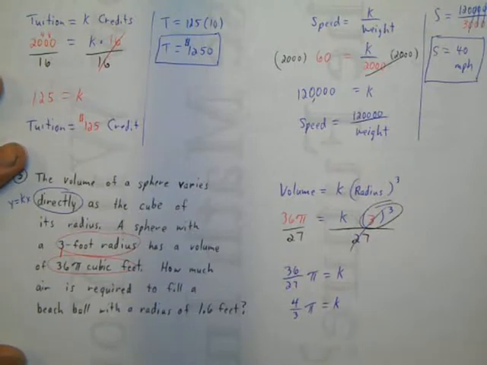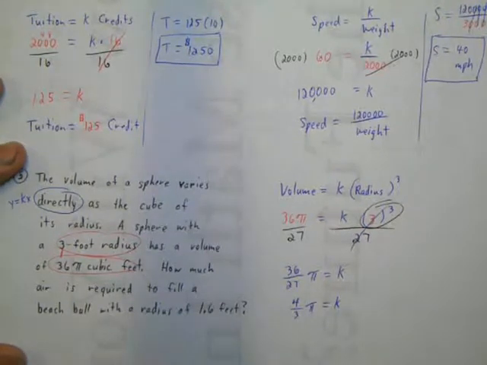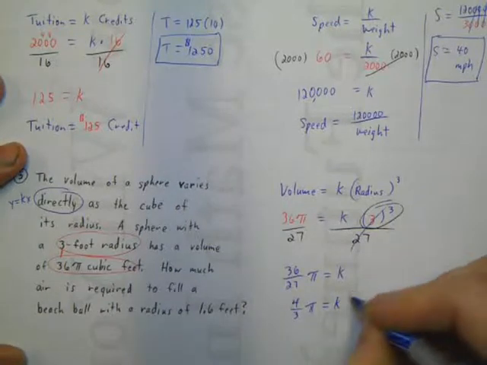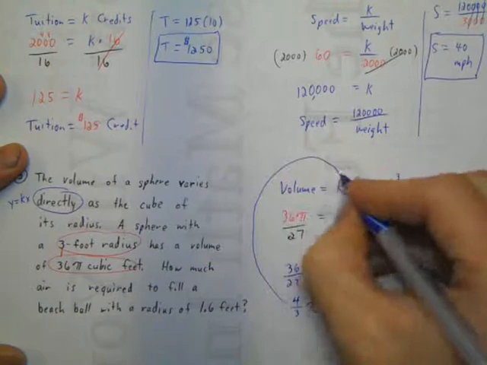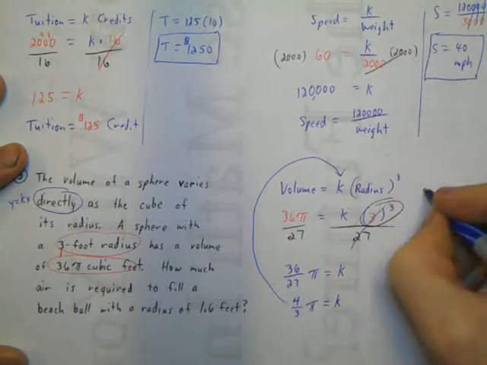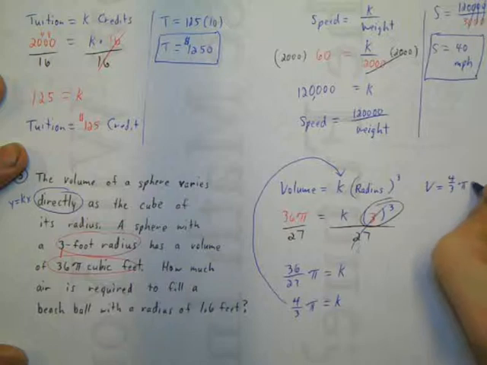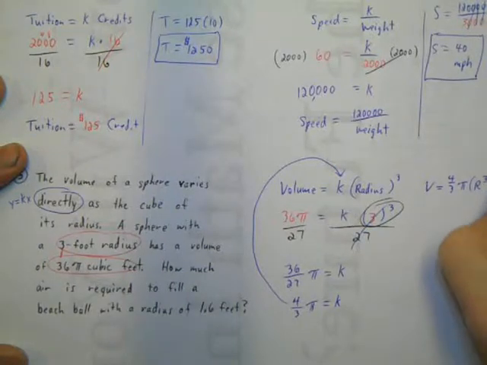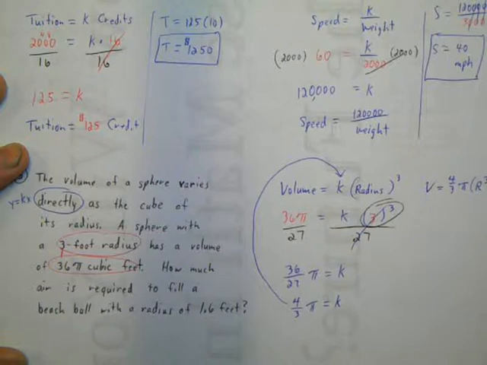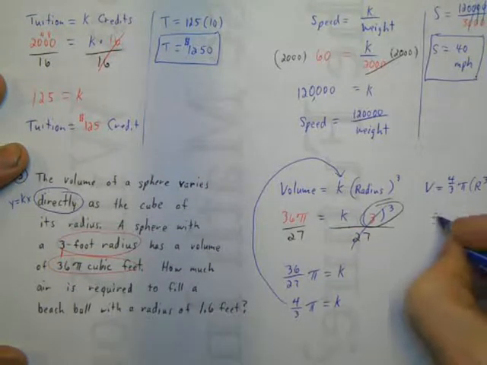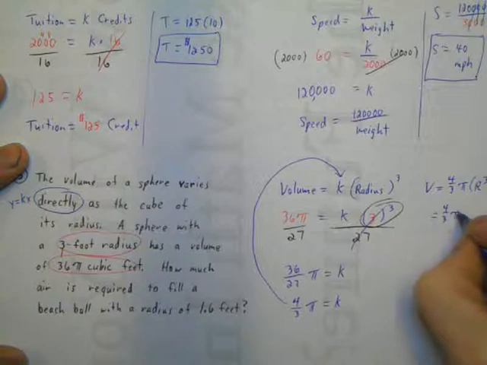So my equation, really, I'm going to plug that back in up here, is volume equals 4/3 pi times my radius to the 3rd power. So how much air is required to fill a balloon with a radius of 1.6? Well, let's plug that in. 4/3 pi, 1.6 to the 3rd power.